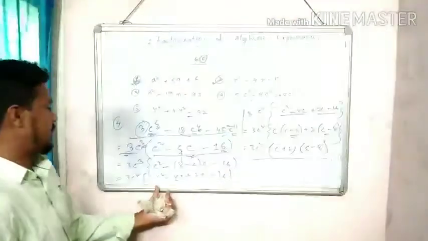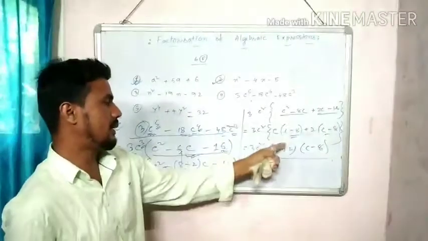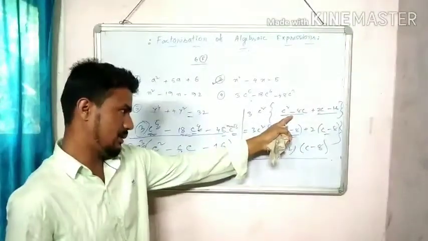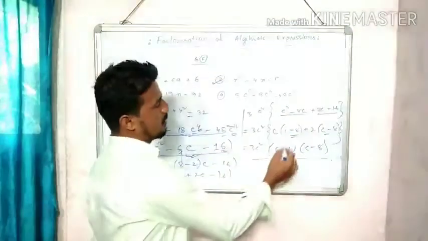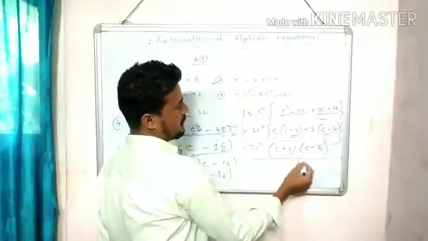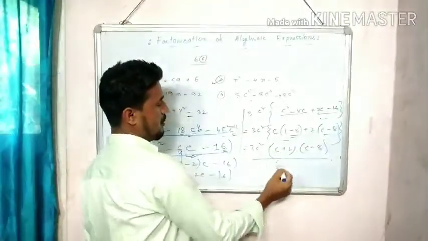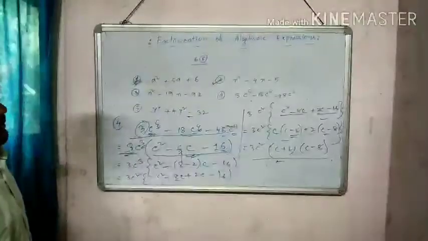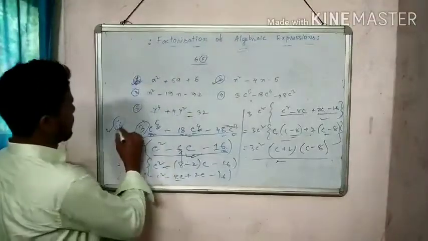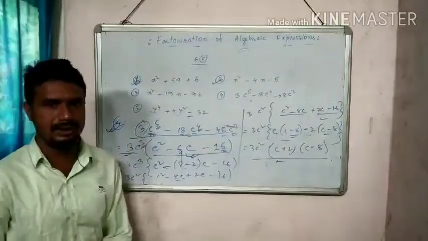Taking c common from the first two parts and 2 from the last two, we get c minus 8 times c plus 2, and 3c cube. So these are the factors of this algebraic expression. I hope you understand the problem.